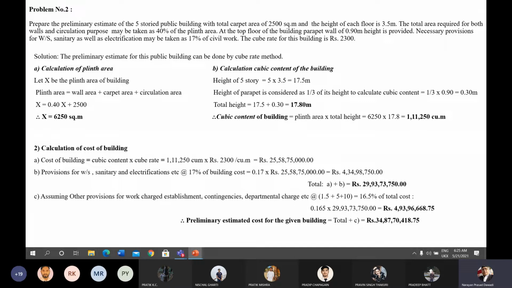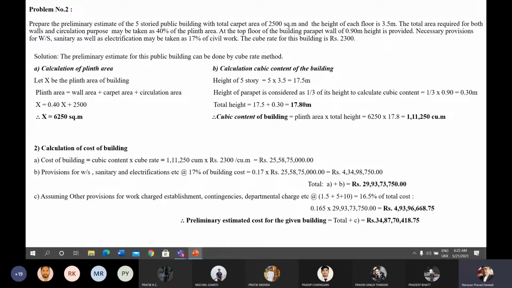So, the calculation of plinth area. We know the cubic content, the volume of the building, will be the plinth area into the height of the building. Plinth area into height of the building will be the cubic content of the building, which is multiplied by the cube rate to find the cost of the building. This is the condition for the cube rate method.